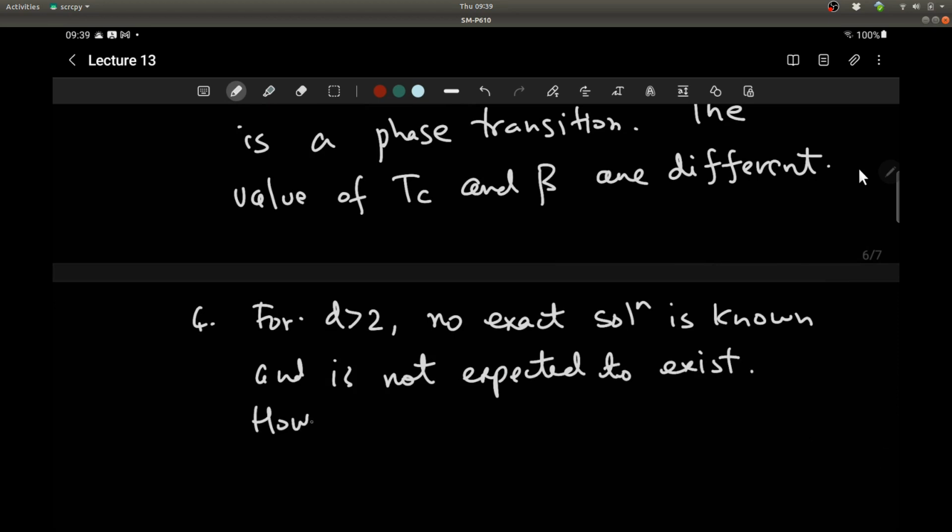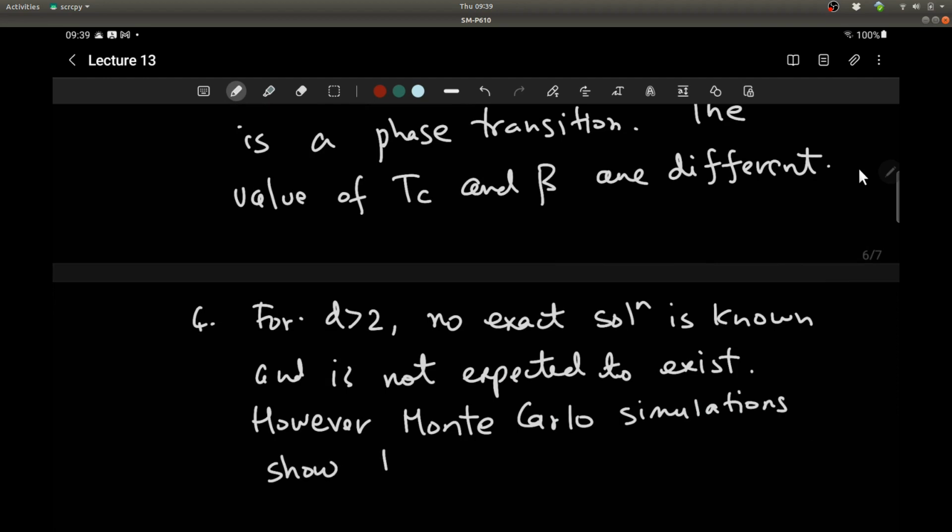However, Monte Carlo simulations, which are computer-based simulations, show that Tc continues to be greater than 0.